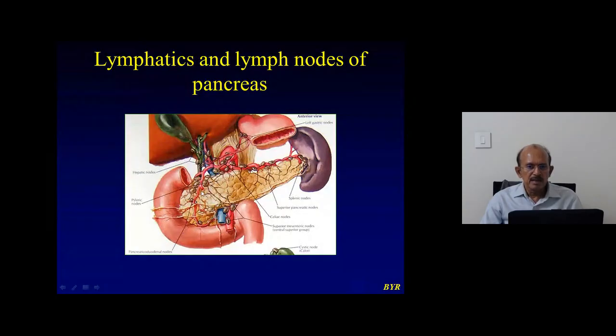All the lymphatics drain to the lymph nodes around the celiac axis, and they also communicate with the lymph nodes in the porta hepatis. The body and tail tumors will drain into the lymph nodes situated along the splenic artery, and also the lymph nodes in the hilum of the spleen.